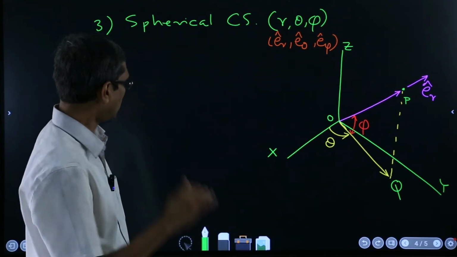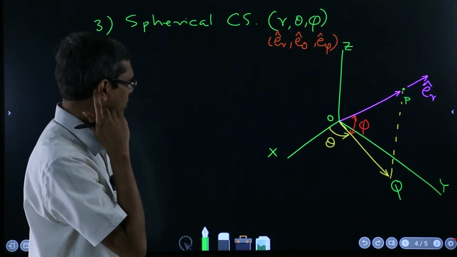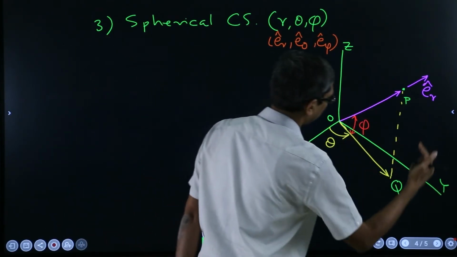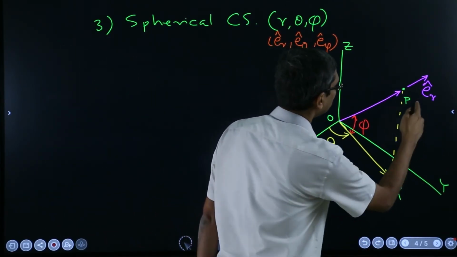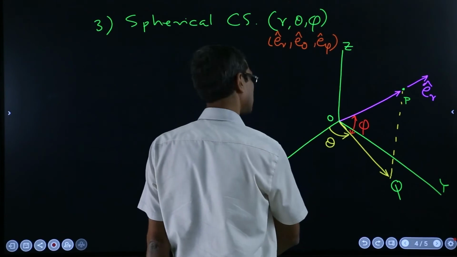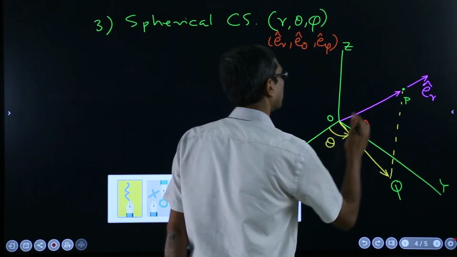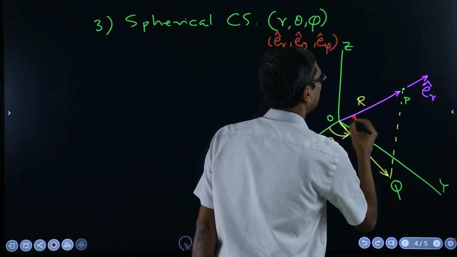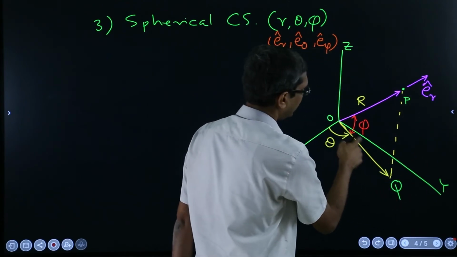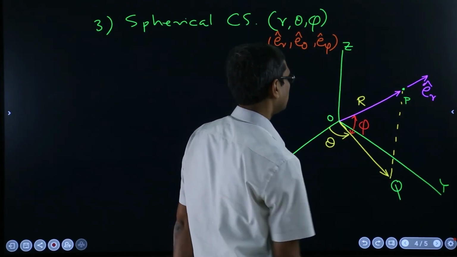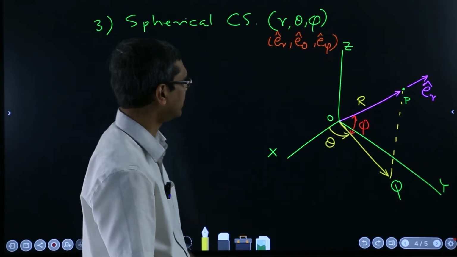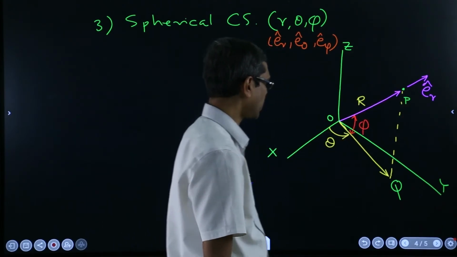So using these three parameters, R, that is R ER, and then theta and phi, we will define that point's location.